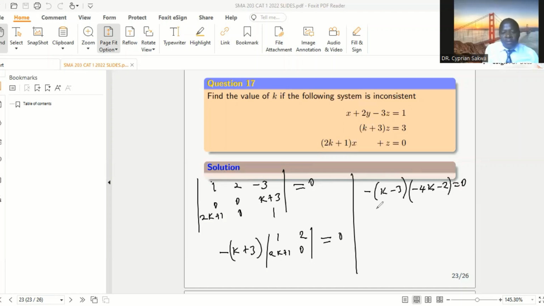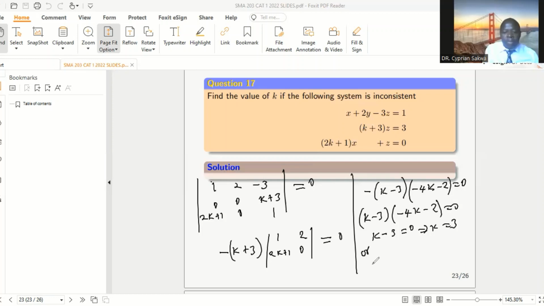But I wanted the value of k. Then I can divide through by negative. So what I'm left with is k minus 3, then negative 4k minus 2 should be 0. So k minus 3 is 0, implying that k is 3.